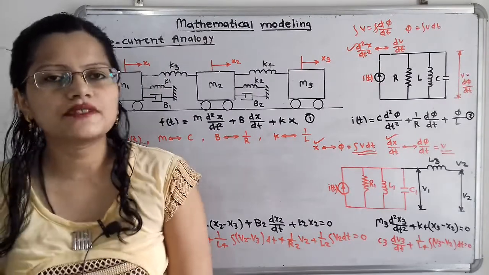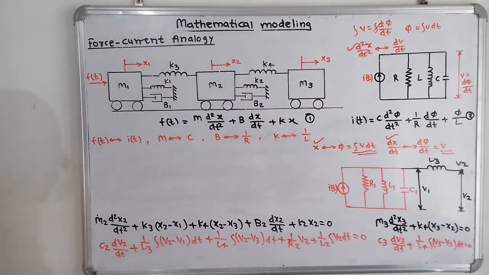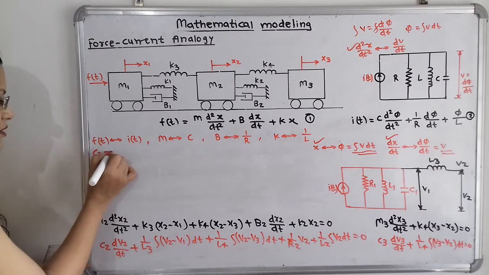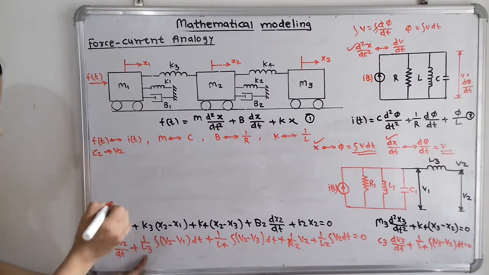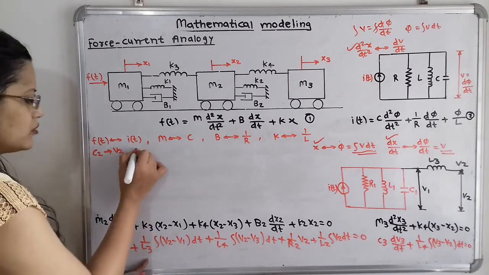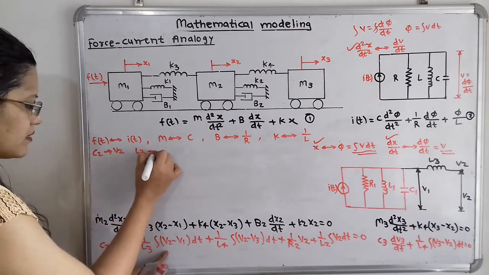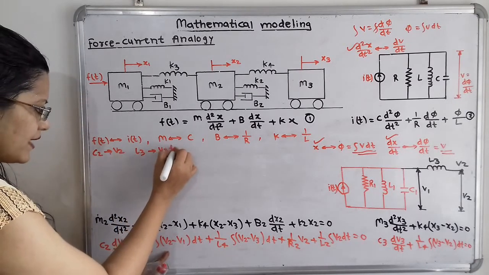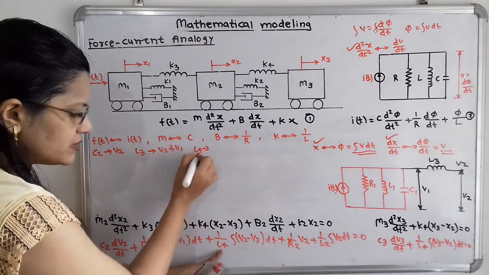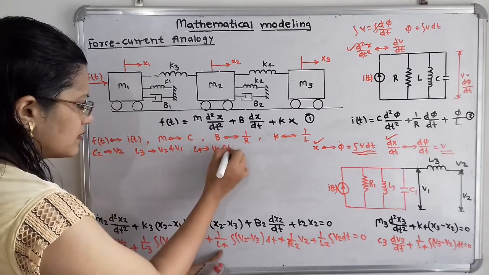Now if we observe this equation, we can say that C2 is having voltage V2. So I will write here C2 is having voltage V2. Then L3 is in between voltage V2 and V1. Then L4 is having voltage V2 and V3.